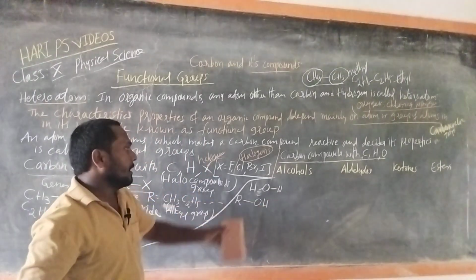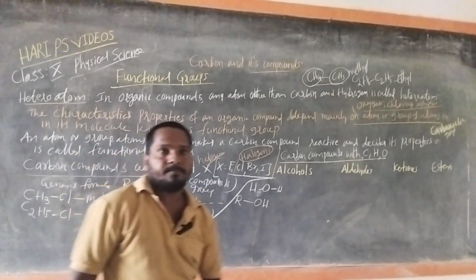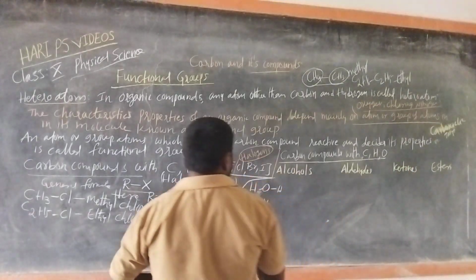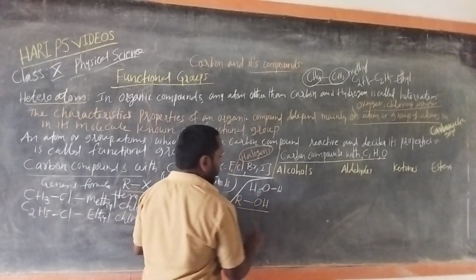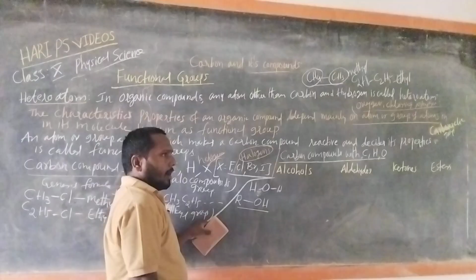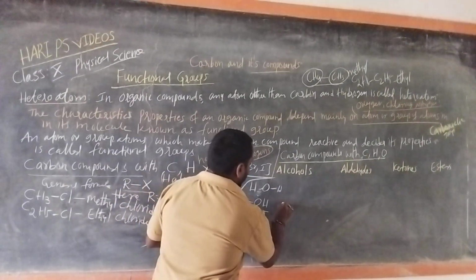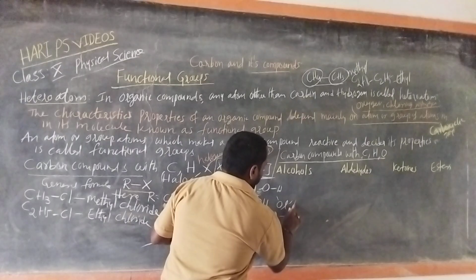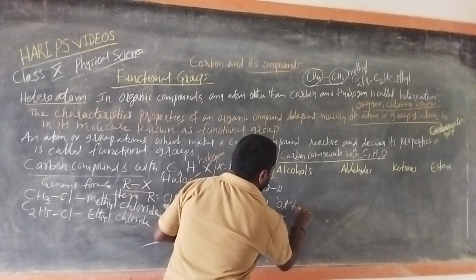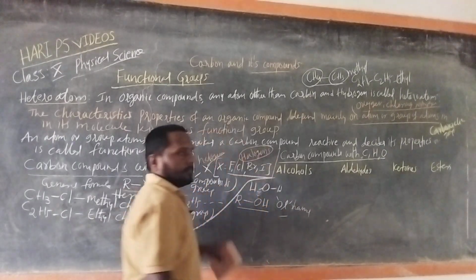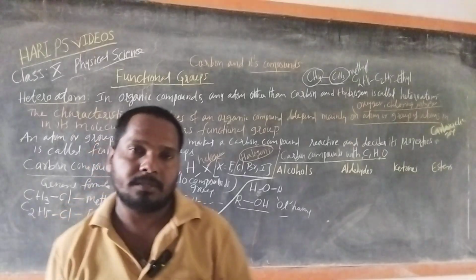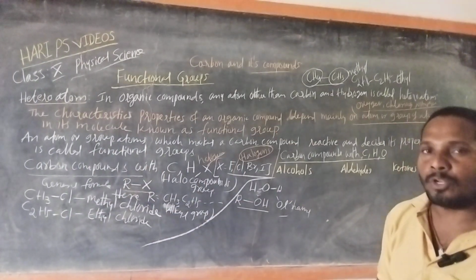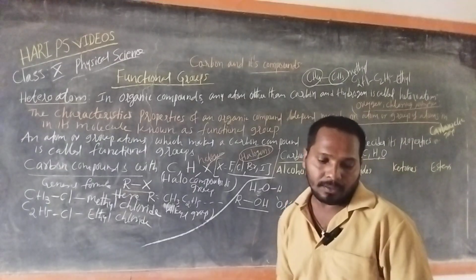Then it is called an alcohol. So the general formula is ROH. You can name it with the suffix ol: ethanol, propanol, methanol, like that.